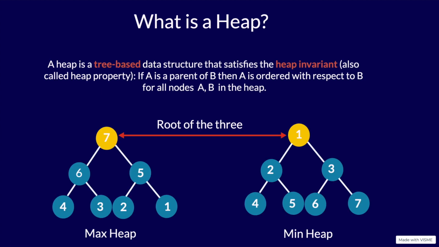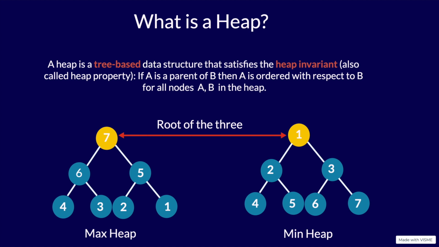So what is a heap? I explained this in the previous video, but I think reiterating it here would give us a much more solid understanding. So a heap is a tree-based data structure that satisfies the heap invariant, which can also be called the heap property.